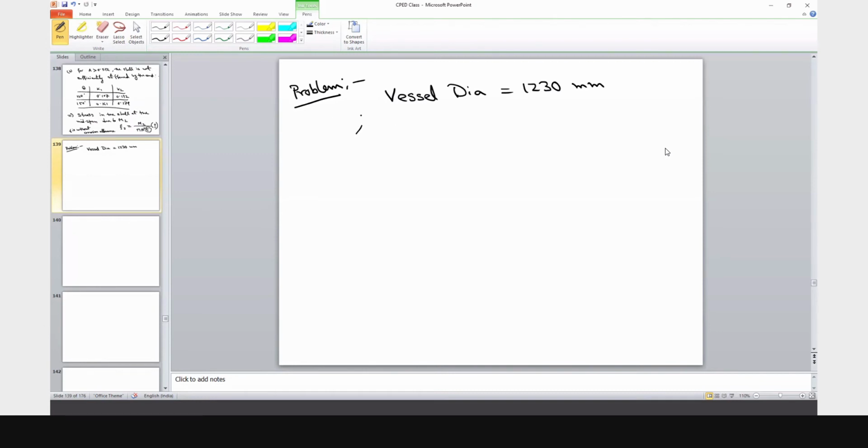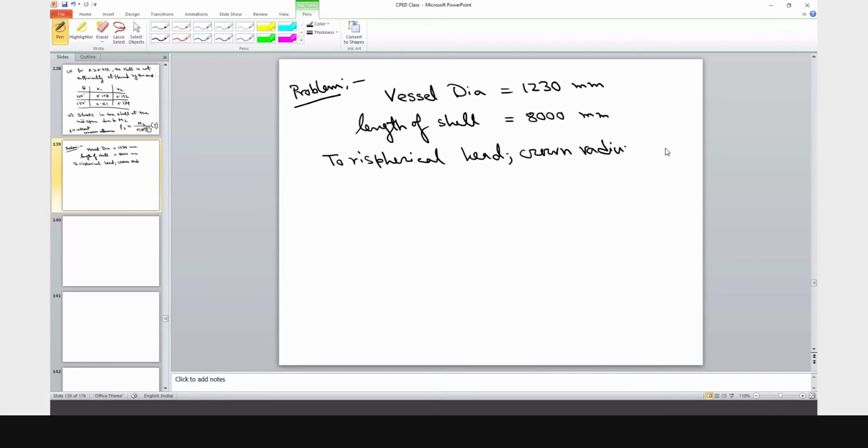Length of shell equal to 8000 mm. Torus spherical head whose crown radius RC is 1250 millimeter.